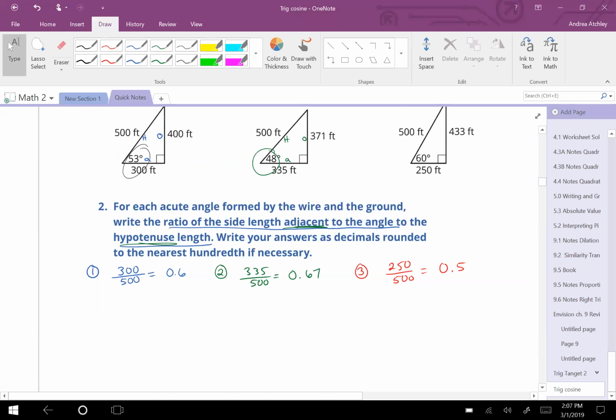The smallest ratio is 0.5. What's the smallest angle? 48. And what is the ratio? Okay, very good. As the angle gets smaller, the ratio increases. We did this same thing with sine, and it was different. As the angle got bigger, the ratio got bigger.